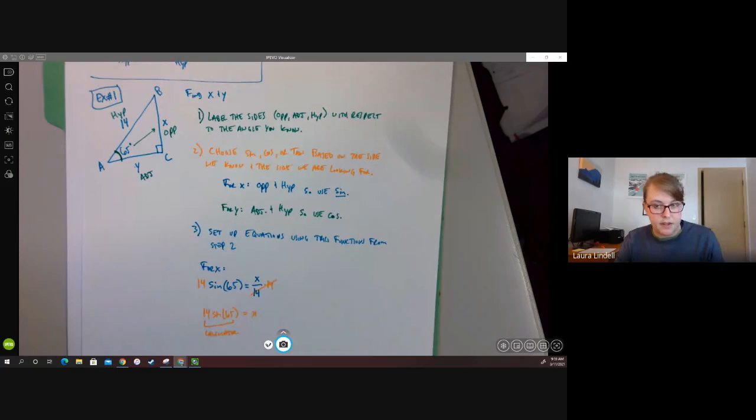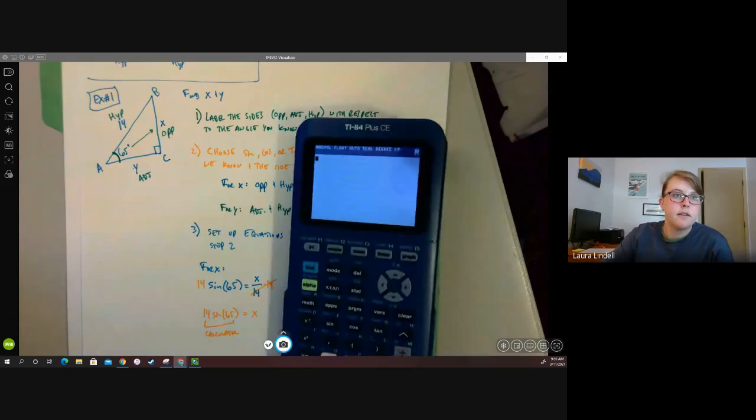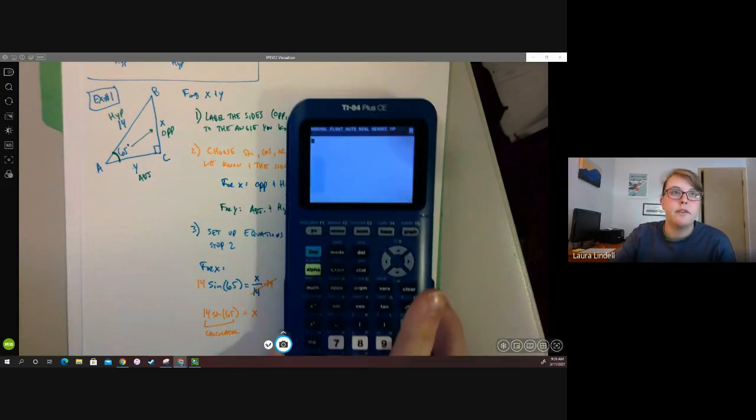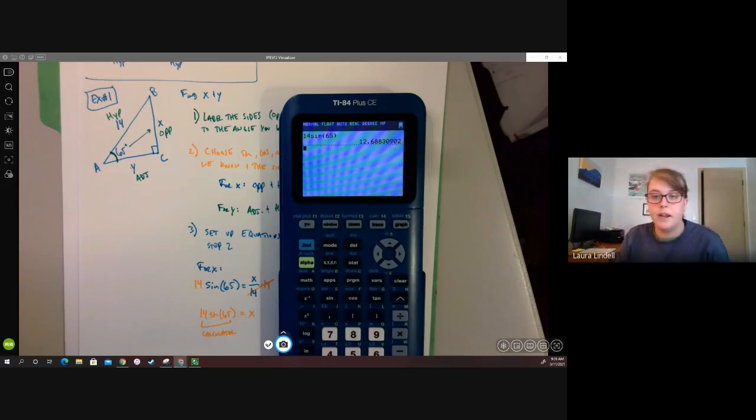So if you're using Desmos, great. If you're using a scientific calculator, that works too. I'm going to use this calculator, and all we have to do now is type 14 sine 65 into the calculator, and we get an answer.